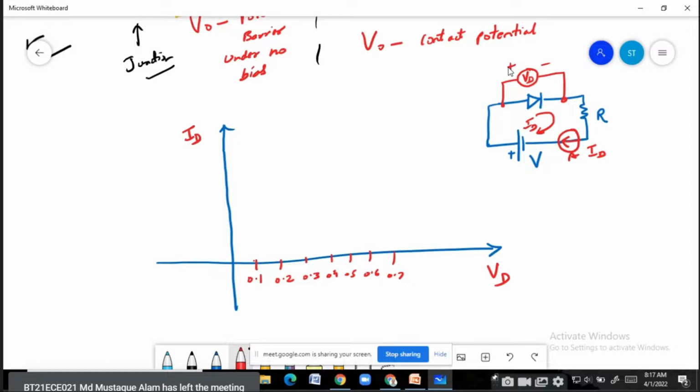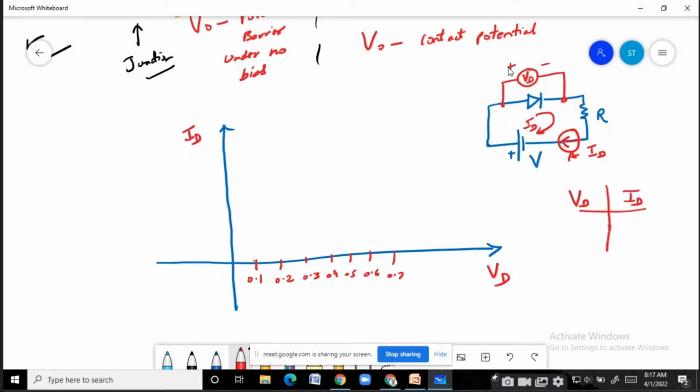When you plot the characteristic, for a particular value of VD, you make a table in the lab, VD and ID. You first look for the current when VD is 0.1 volt. You will get some current in microamperes, not much. Then increasing this to 0.2, you get 0.1 milliampere.